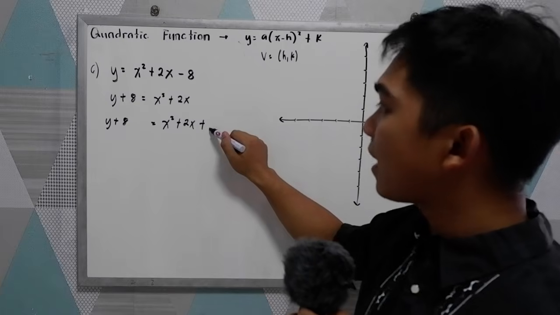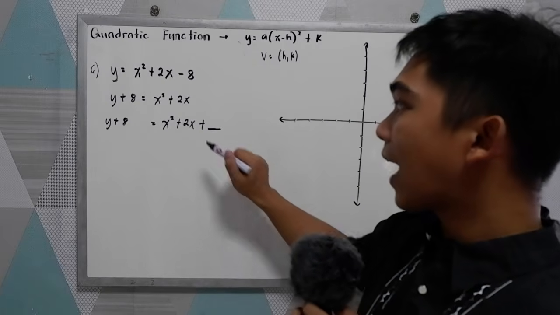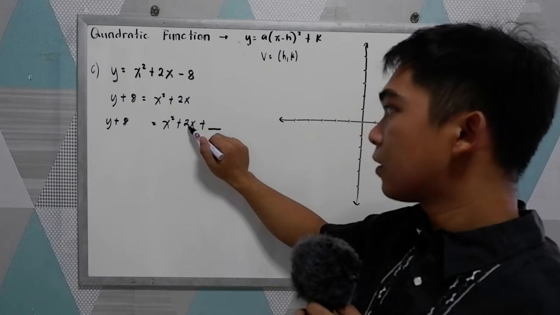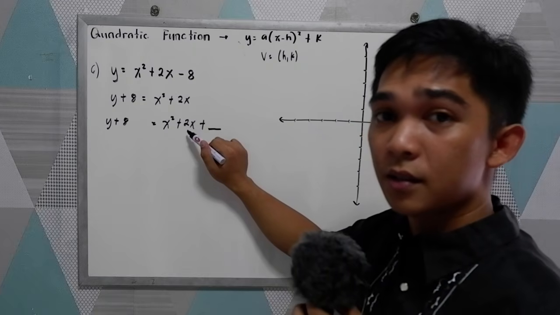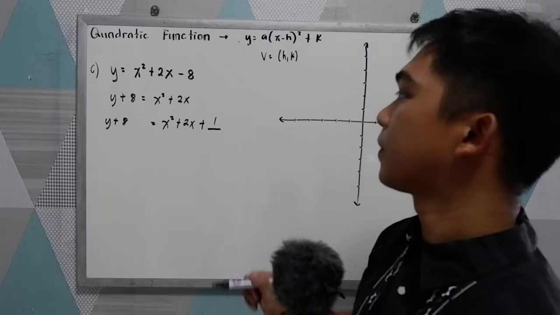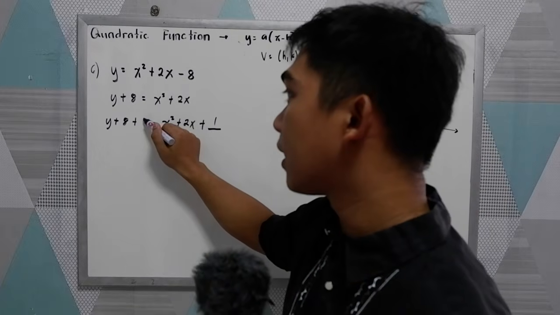So y plus 8 is equal to x squared plus 2x plus, to make it a perfect square trinomial, we must add a perfect number here. To get that, get the middle term, 2 divided by 2, that is 1. 1 squared is 1. We added 1 here, so we need to add 1 on the left side.